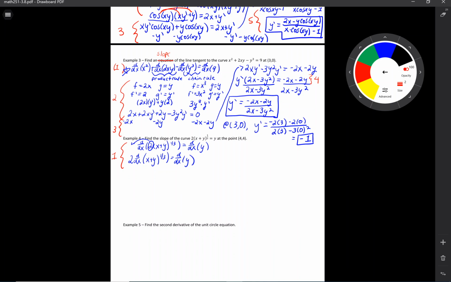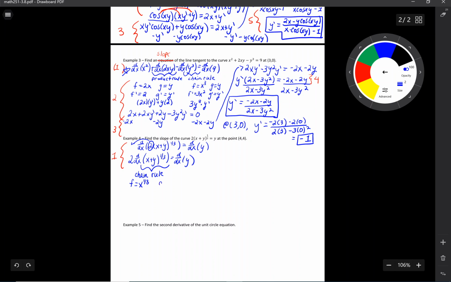So in order to take the derivative of (x plus y) to the power of 1/3, I'm going to have to use the chain rule here because I have a function, x plus y, inside of another function, something to the power of 1/3. So my outer function, f, is x to the power of 1/3.